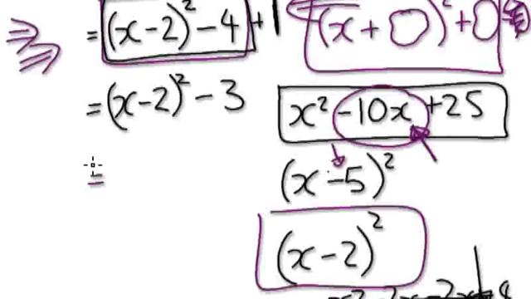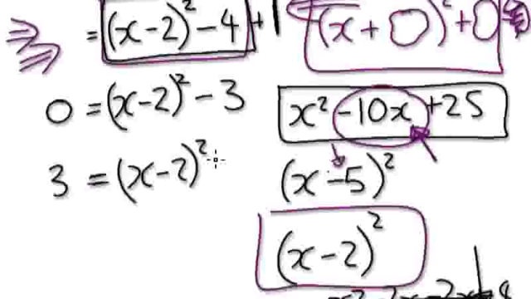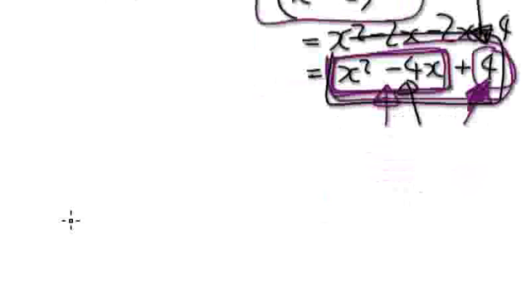Now remember this is 0 here, and now add 3 to both sides, so you will have x minus 2 squared. Now square root both sides. When you square root a positive number, you're going to get 2 solutions. For example, what's the square root of 25?